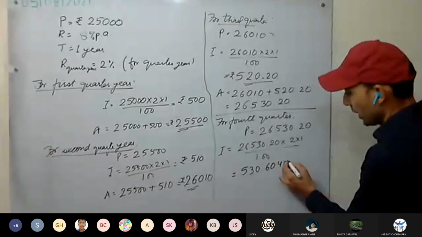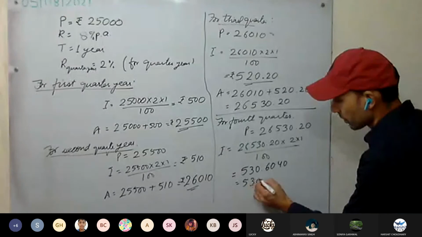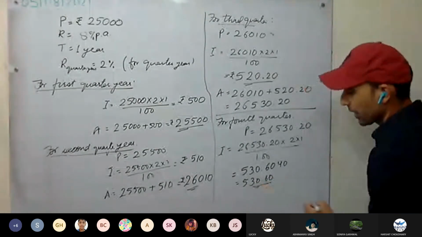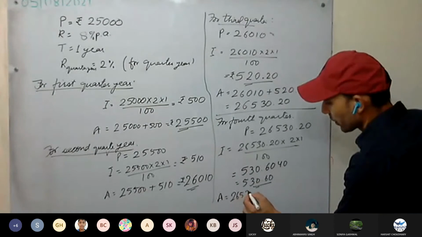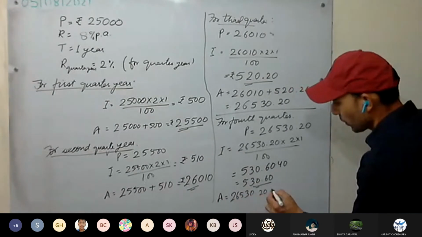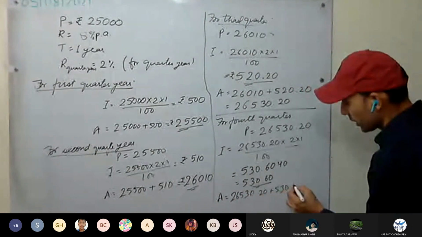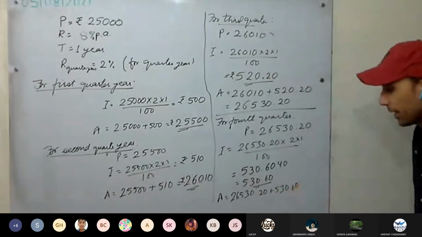You'll get 530.6040. Okay, so we can avoid the last two digits; 530.60 we can write. Okay, amount: 26,530.20 plus 530.60. Add them.